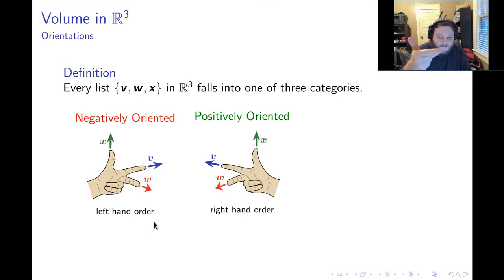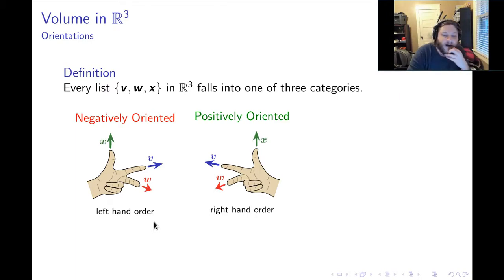And then when we pop out our thumb, we are pointing in the direction of the third vector x, that means that the list we're studying is positively oriented, which means it's in right-hand order. So of the 3 categories, we could be negatively oriented, which is left-hand order, or the opposite, which is positively oriented, which is right-hand order.